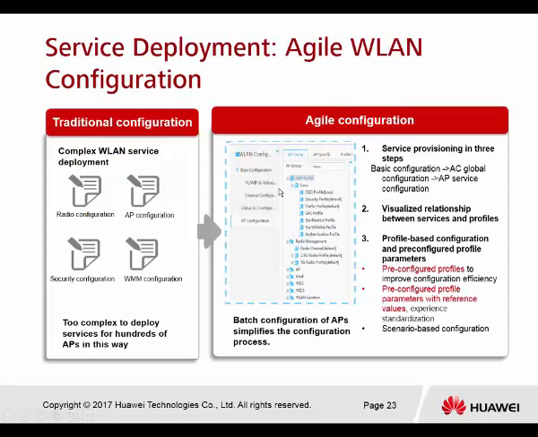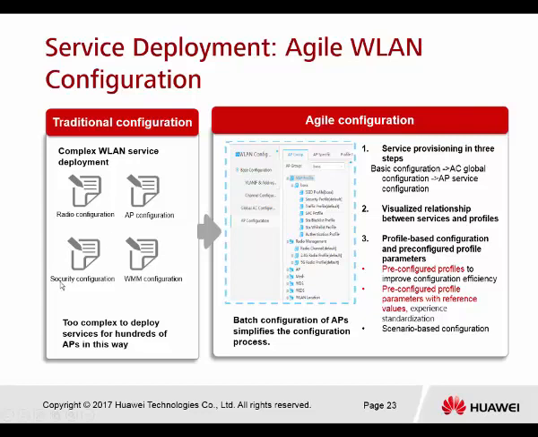Agile WLAN configuration. The first one is the traditional configuration. It is a very complex WLAN service deployment, so only experienced engineers will understand how to configure it, because to configure one WLAN you are required to understand how to configure the radio profile, the AP group, the security, and many other profiles.